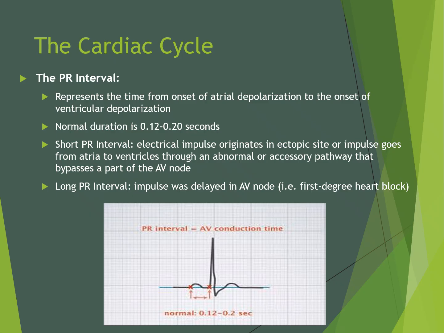If the PR interval is shorter than this normal duration, it might signify that electrical impulses are originating in ectopic sites, so not the SA node, or that the impulse goes from the atria to the ventricles through an abnormal or an accessory pathway that bypasses a part of the AV node. If the PR interval is longer than normal, this signifies that the impulse was delayed in the AV node, such as with a first-degree heart block.